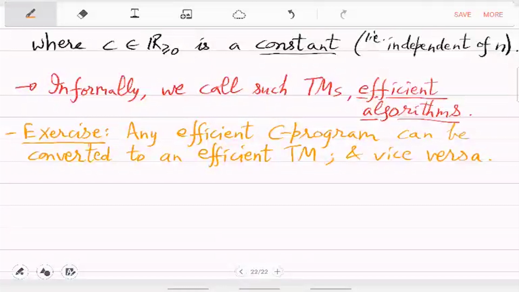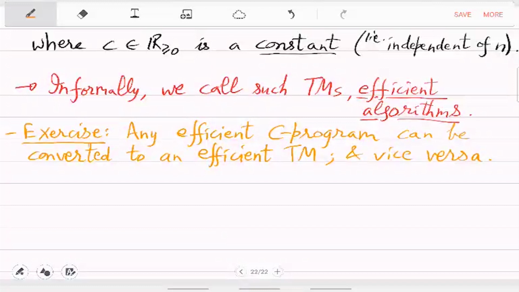The reason why this efficiency translates, or is captured by Turing machine, is obviously Turing machine steps. Each step is so simple you can simulate it by a C program. And so if the steps are few in Turing machine, steps will be few in C program execution or any computer program execution.